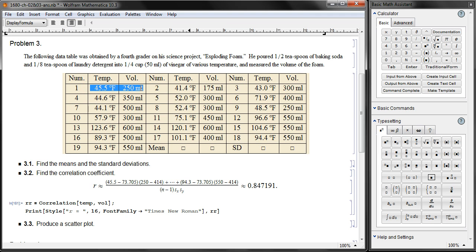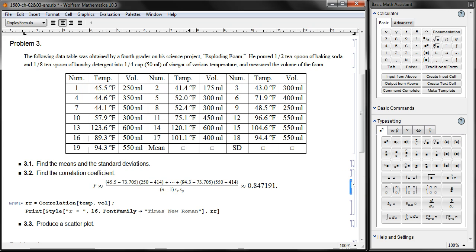We do the same for the next one: the deviation of the temperature, 41.4 minus the mean, times 175 minus the mean. Do the same with each one, and so on, until the very last one. Add them all up, that's the numerator, and the denominator is n minus 1 times sx times sy, where sx and sy are the sample standard deviations.